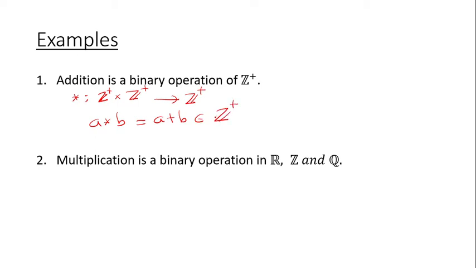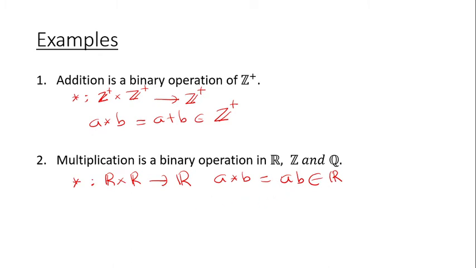Therefore this is a binary operation. It is also mentioned that multiplication is a binary operation on the set of real numbers, integers and rational numbers. I'll explain for the set of real numbers. Let's say a star b equals ab. If a and b are real, their product is also real. Therefore this is a binary operation.